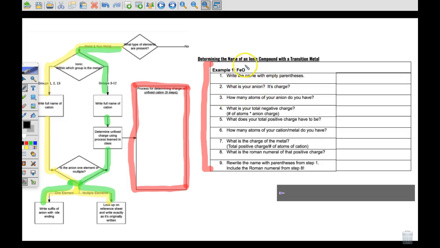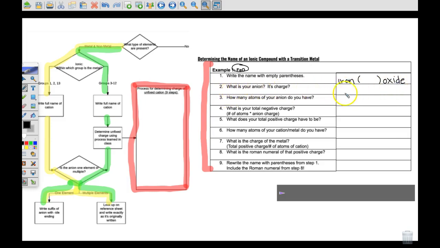Our first step when given a formula, but I need to find the name, is to write the name with empty parentheses. So Fe stands for iron, and then I'll write empty parentheses around it. And then O stands for oxygen, but in a chemical formula, we'll change that to oxide, just like we did for type 1 elements.